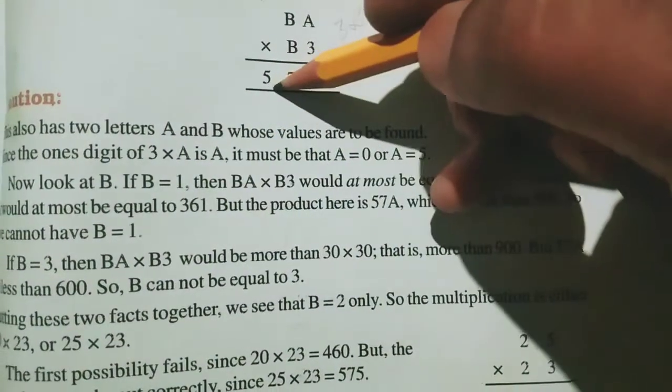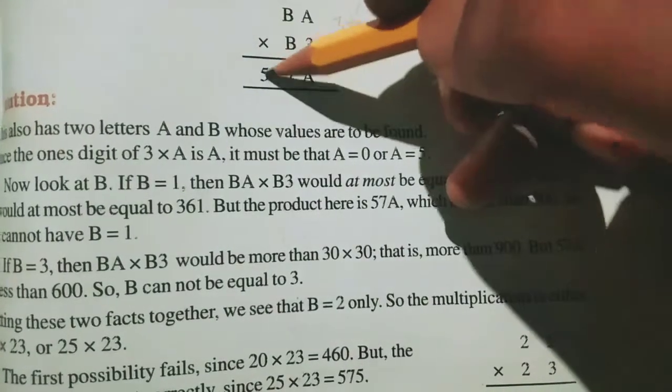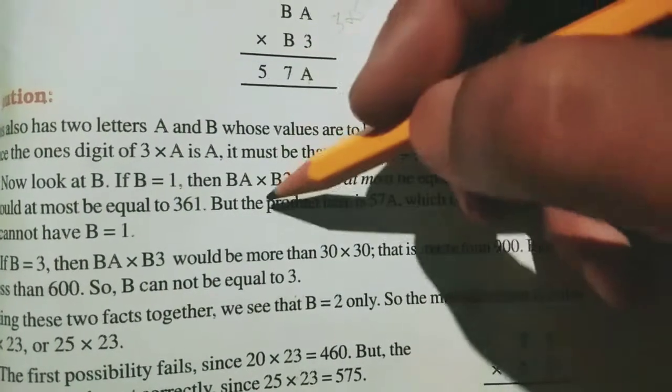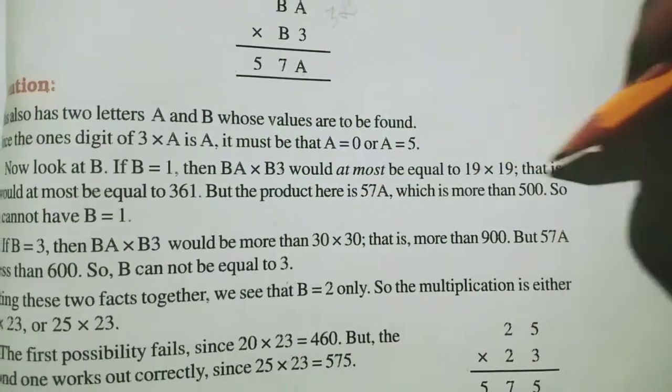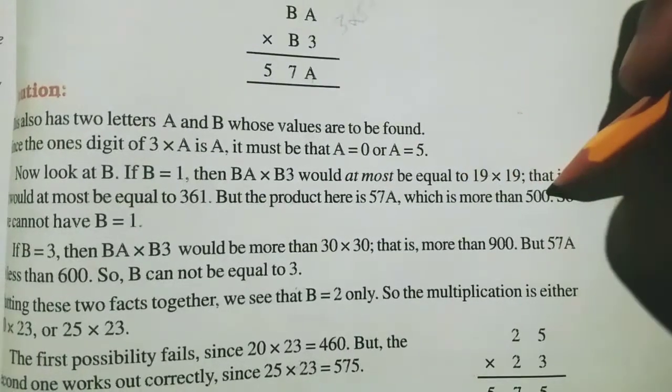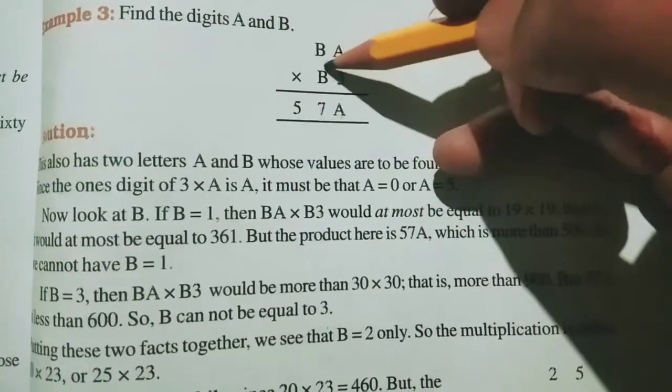But here the answer is not 361; it is 570 something. Here the product is 578. That means it is more than 361, more than 500. So we cannot take b equal to 1. So b equal to 1 is cancelled.